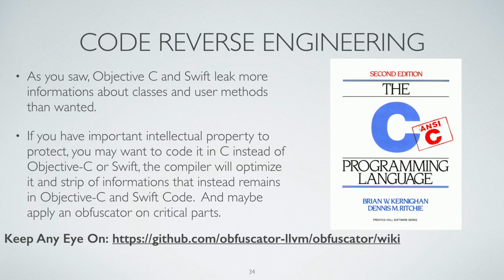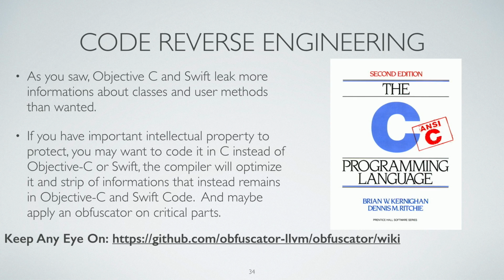And if you want to do even better, you can keep an eye on this research project, which is an obfuscator for LLVM. LLVM is a project among which there is a compiler, and this obfuscator works at the LLVM bitcode level. So your compiler front end will take your Objective-C and translate it to LLVM bitcode, and then the obfuscator will kick in and obfuscate this intermediate representation, and then the compiler backend will generate valid obfuscated ARM code.